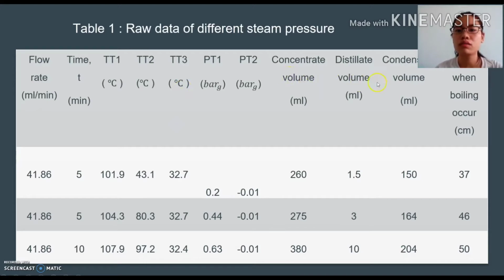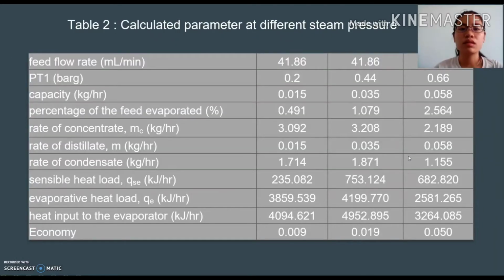The concentrate volume, distillate volume, and condensate volume are the volumes that we collect at the end of the experiment. And of course we also measure the height when boiling occurs.